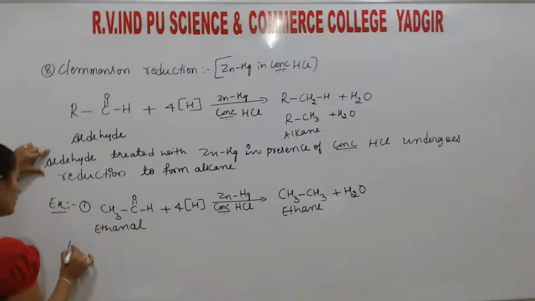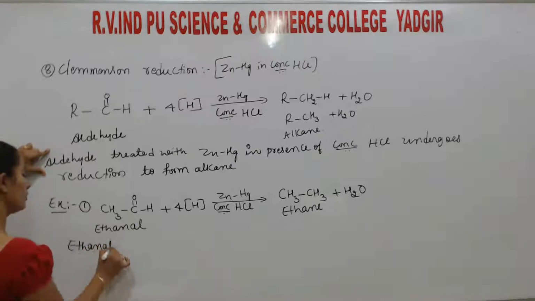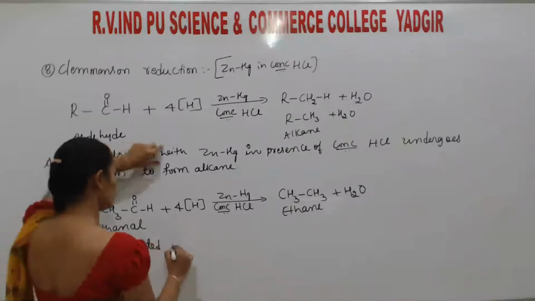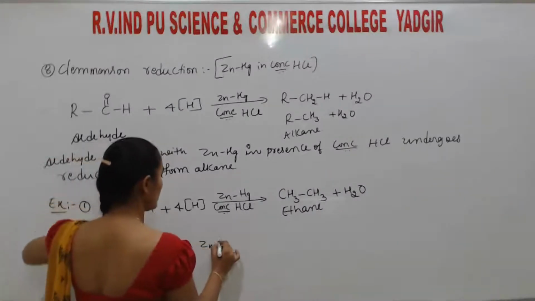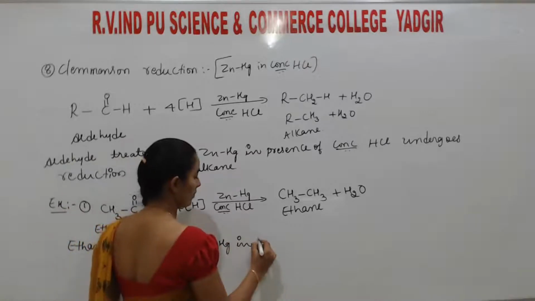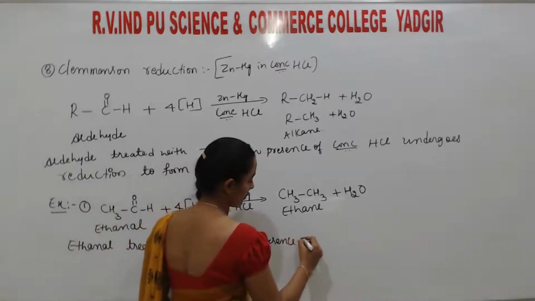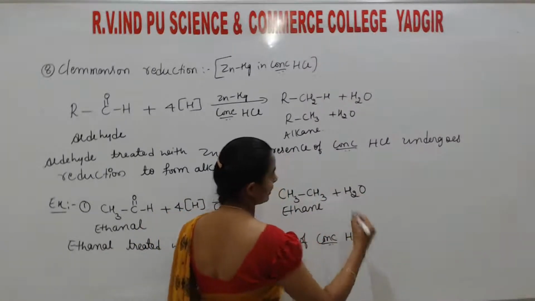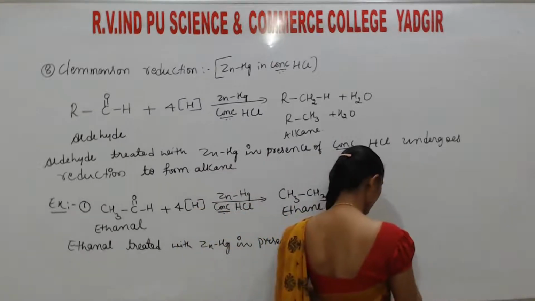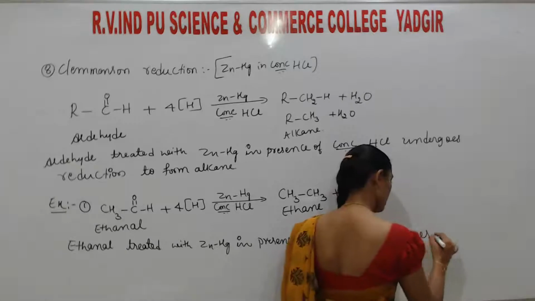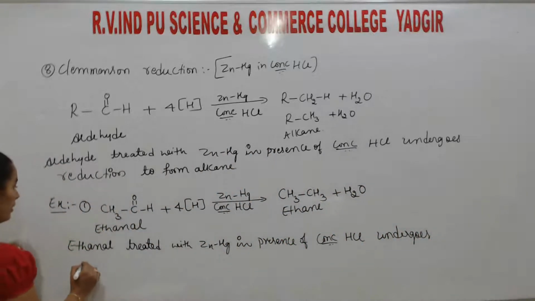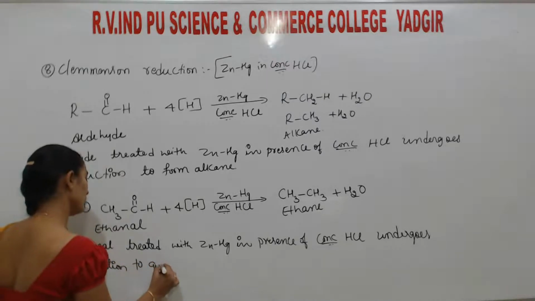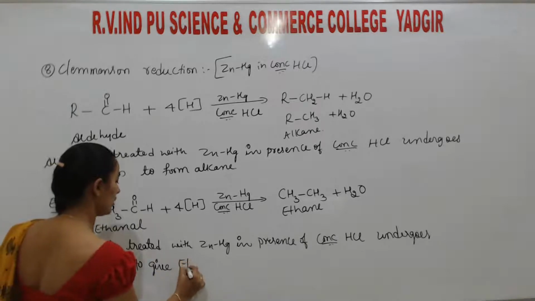In the place of aldehyde, replace with ethanal, then treat it with zinc amalgam in presence of concentrated HCl, and therefore reduction to give ethane.